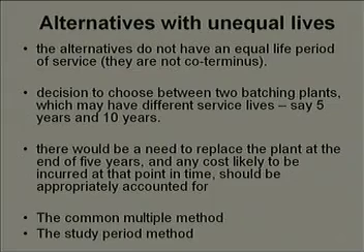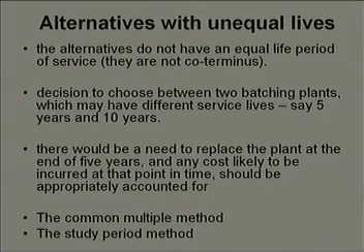Sometimes this is also referred to as the repeated projects method. So, whenever you find these two terms, you understand that they are the same. Either you call it the common multiple method or you call it the repeated projects method.